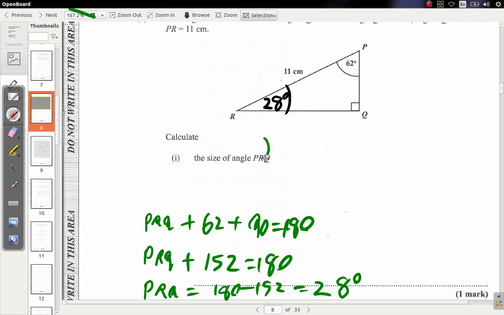And then we want RQ. Now, the thing is, you can use sine, cosine, or tangent. No, you can't use tangent, you don't know PQ, the opposite side to the 28. But you could have used sine or cosine and deal with the 28 as the angle or the 62 as the angle, whichever one you want.